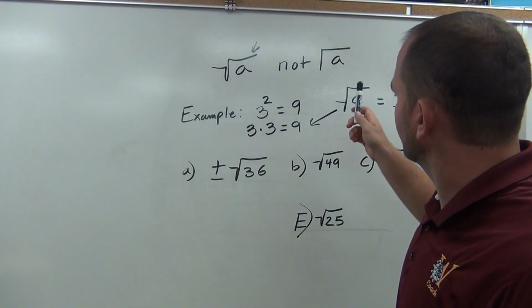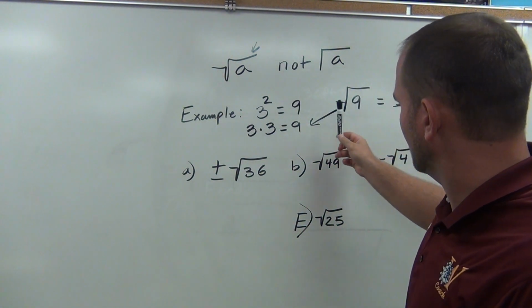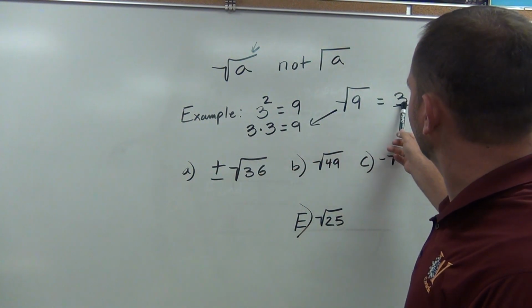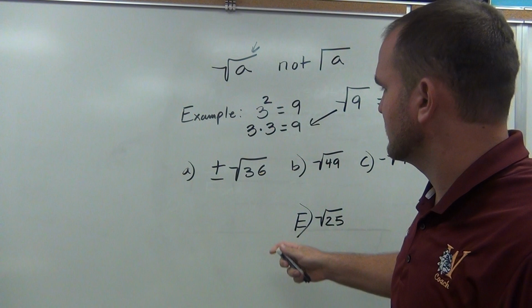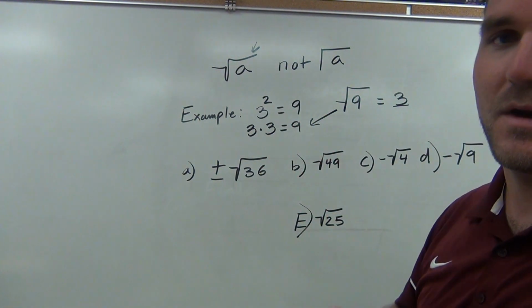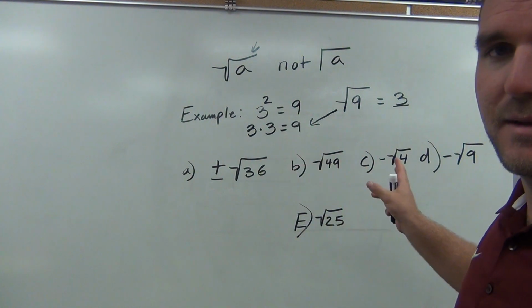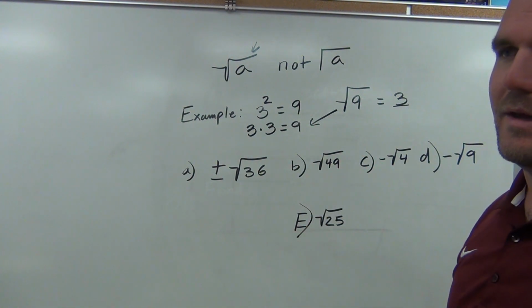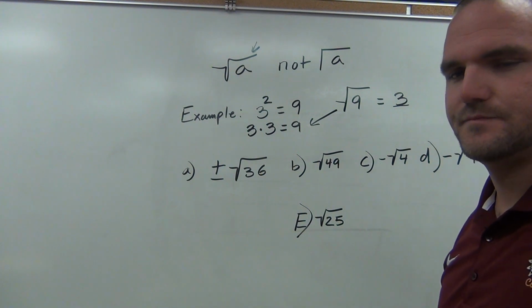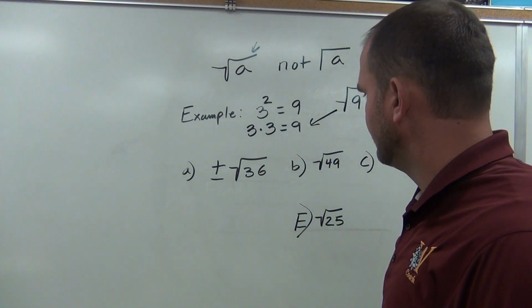So 3 times 3 is 9, and so your answer is that. Using these two examples, if you're looking at your notes, hopefully you pause the video and look at these examples that we have here, and then I'm going to go through them after you pause them and see if we got it. So hopefully you did that.